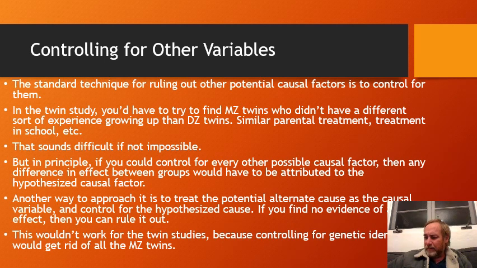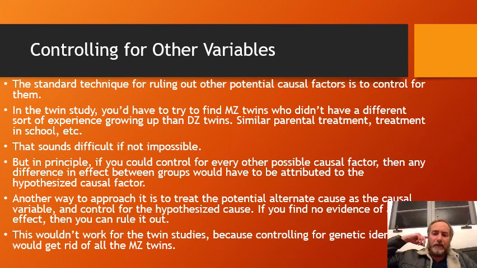Maybe if the monozygotic twins went to different schools, so people didn't see them together all the time and treat them as odd for being identical, but then you've introduced a difference: they go to different schools and so on. So it's tricky, maybe impossible. But in principle, it is possible, even though it sounds very, very difficult. What I'm saying is you could control for every single other possible causal factor.